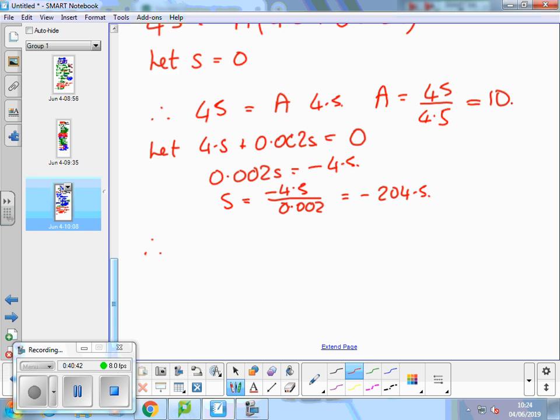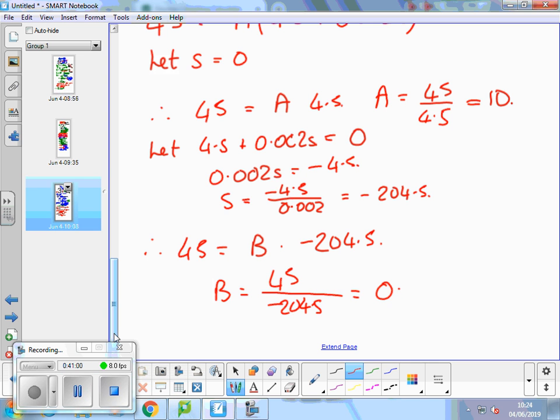Therefore 45 is equal to B times minus 204.5, so B equals 45 over that, minus 0.22. Yeah, now we're on the right track.